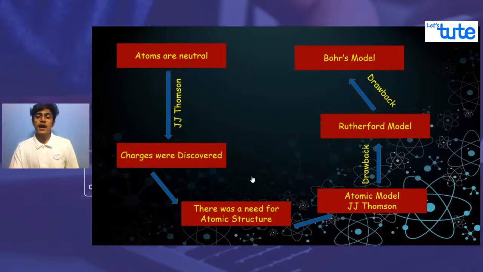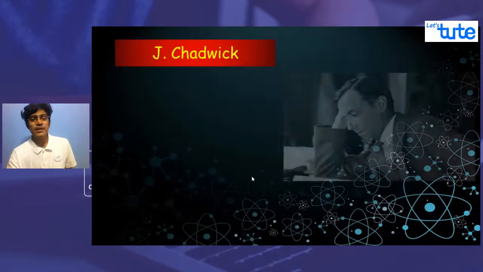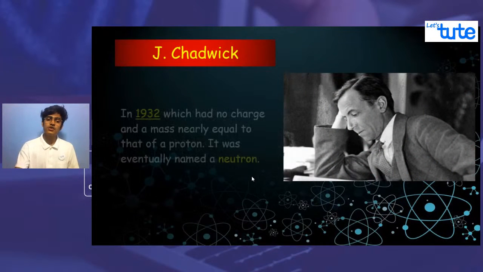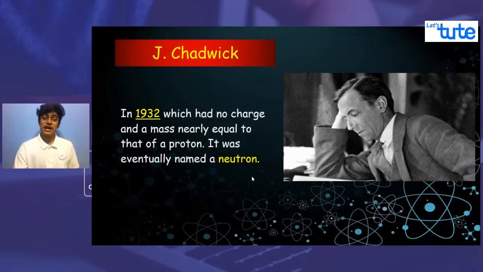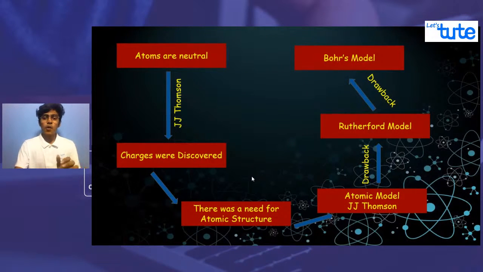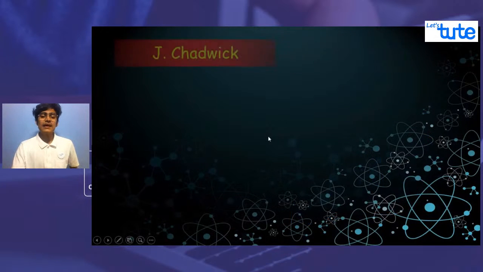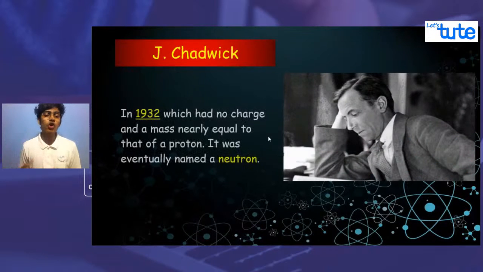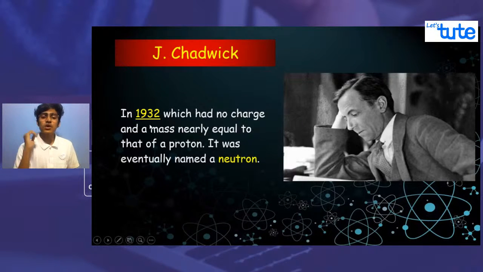The neutron was discovered by James Chadwick in 1932, after everything else had been discovered, after the model proposed by Bohr and others. The neutron had no charge.